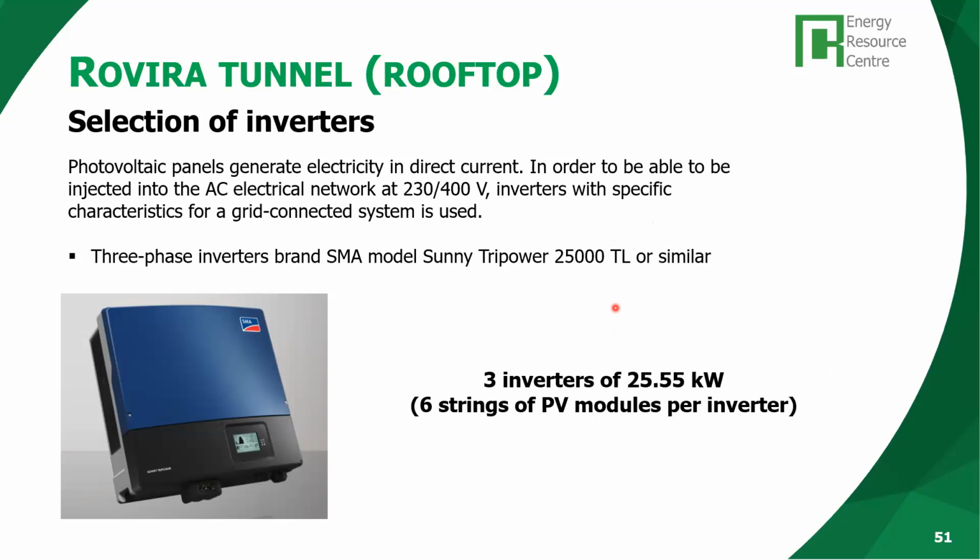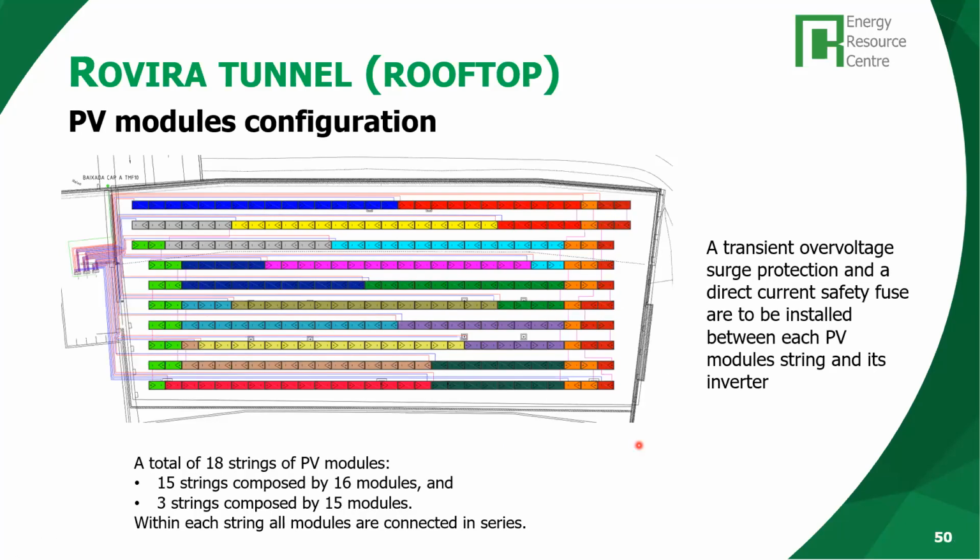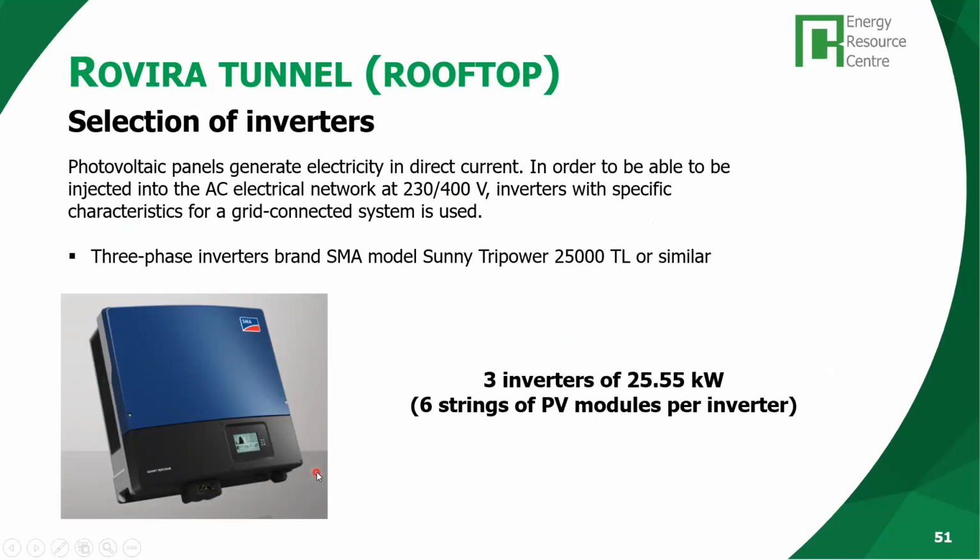So in fact you have 3 MPPTs in each of these, so you can combine them. So you have 18 strings connected to 3 inverters, 6 strings per inverter. Excellent. And every MPPT tracker has 2 strings connected in parallel.